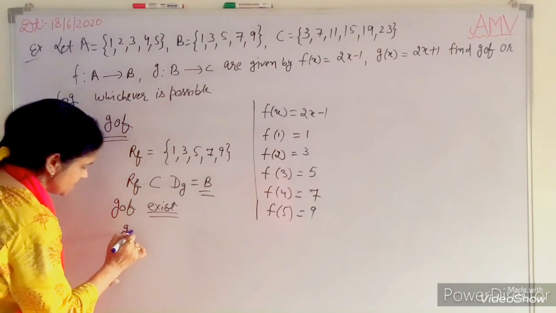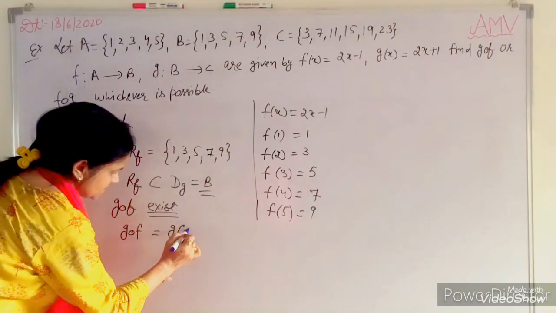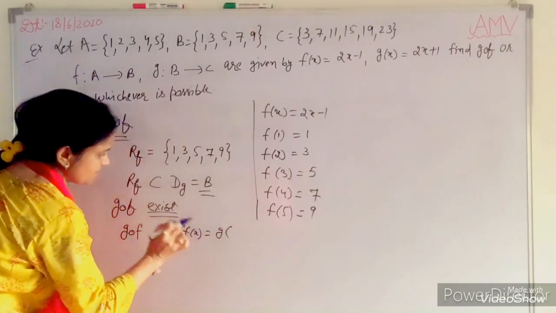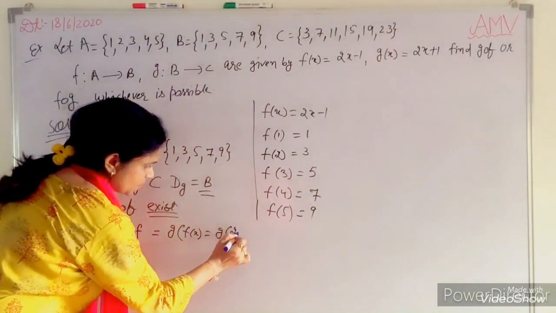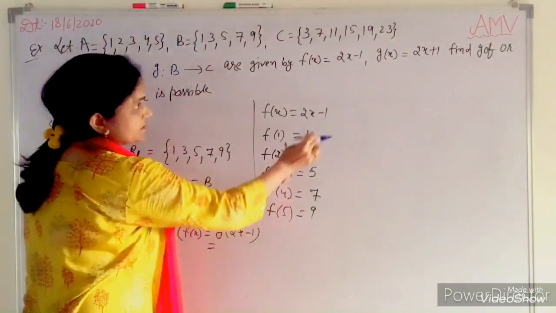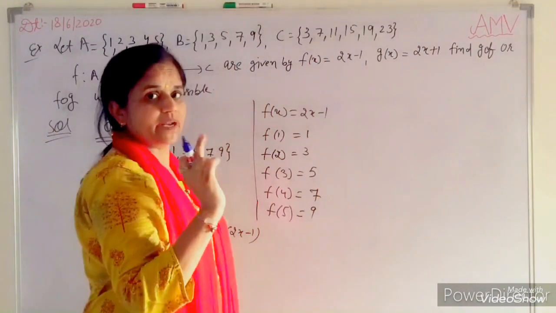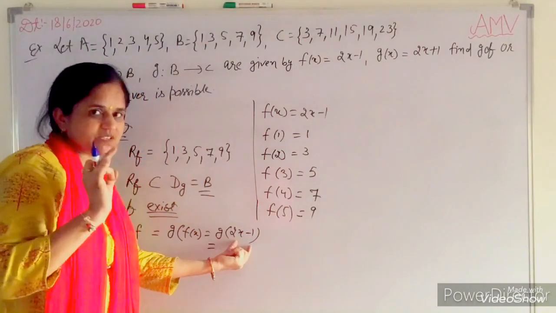Now find gof. For gof, student, g(f(x)). In place of f(x), which is given in the question, substitute 2x minus 1. And now go for g(x). Here g(x) is 2x plus 1. So in place of x, substitute 2x minus 1.